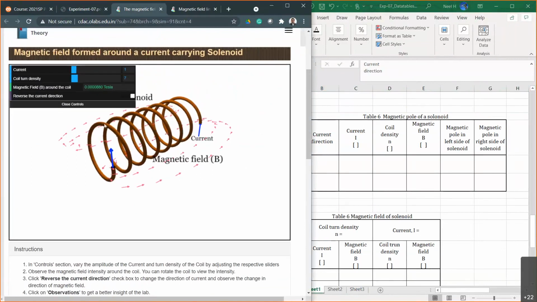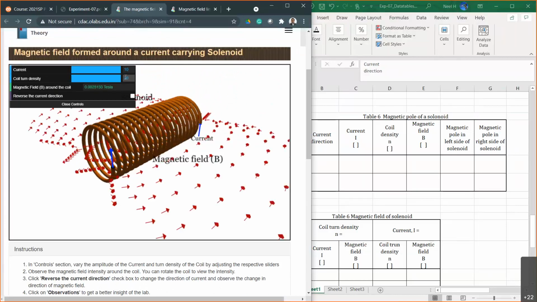Again, like in the earlier case, current I can change from 1 to maybe 10 amps in this case. And the coil density, that is the small n, means how many coils per unit length. The total coil divided by the length is the small n.